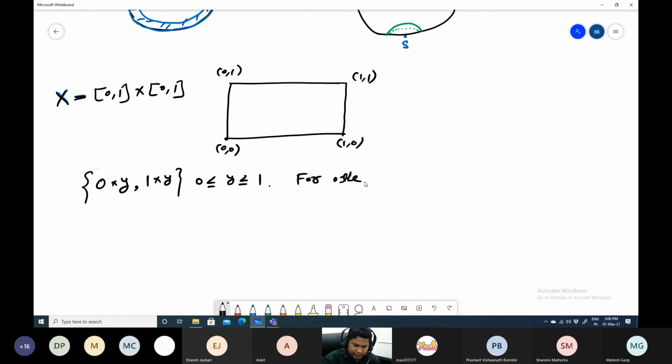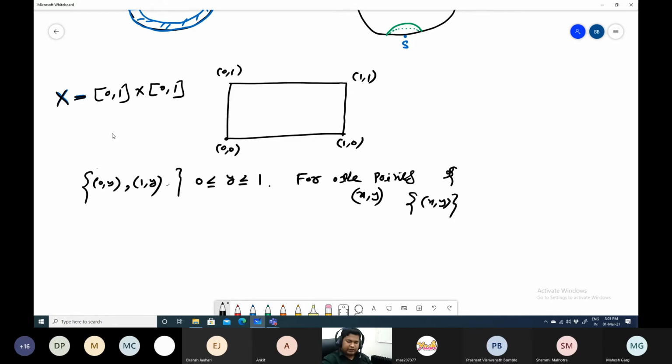And for other points (x, y), that is a singleton. For other points (x, y), we have the singleton (x, y). So this is your X and this is your X bar, a collection of this. For these points we have only pairs, and for the other points we have singletons.